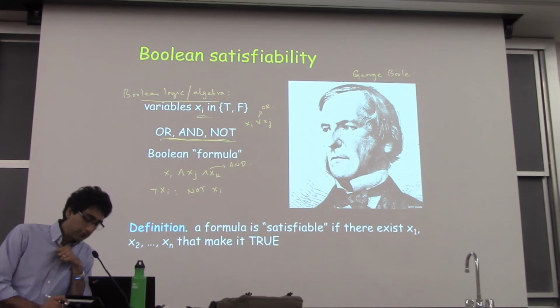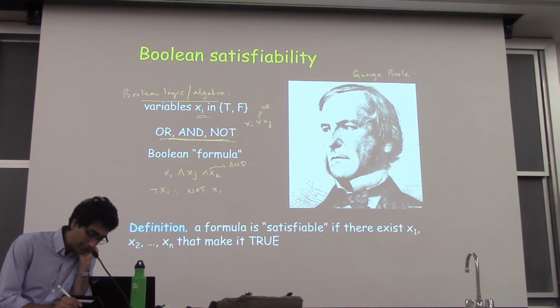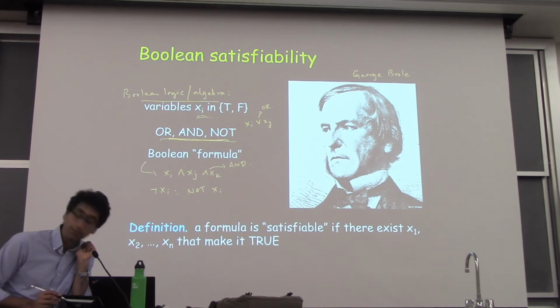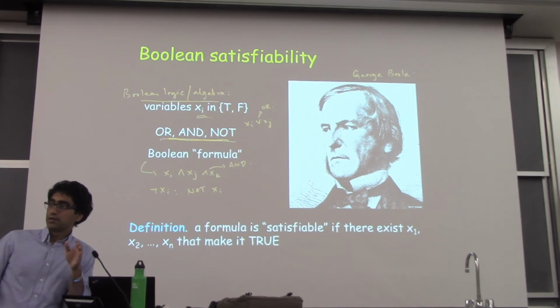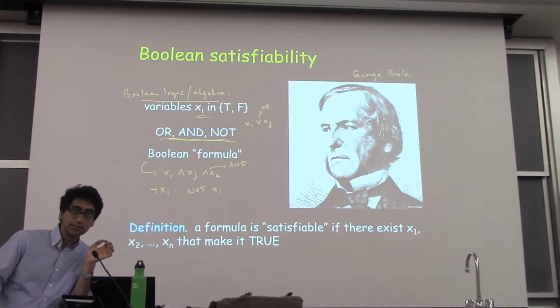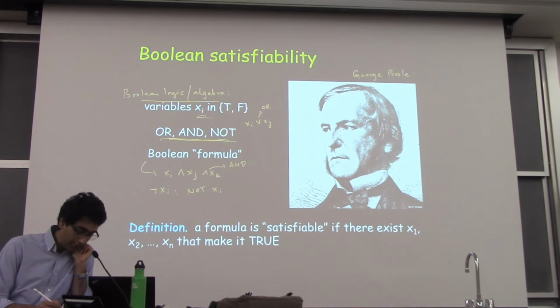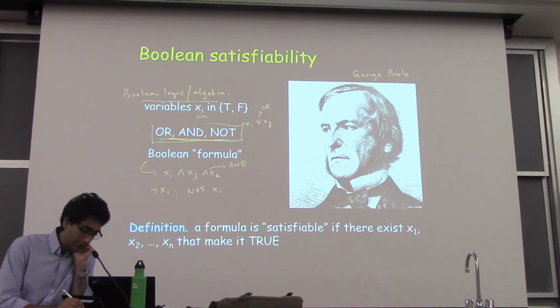So what is a Boolean formula? A Boolean formula is basically an expression of this kind. So you have some variables x1 through xn that are all Boolean variables, that means they are true or false. And a Boolean formula is an expression that is made up of ands, ors and nots of these variables.